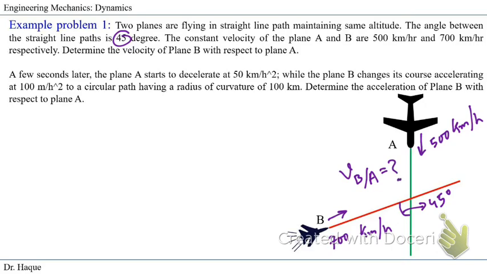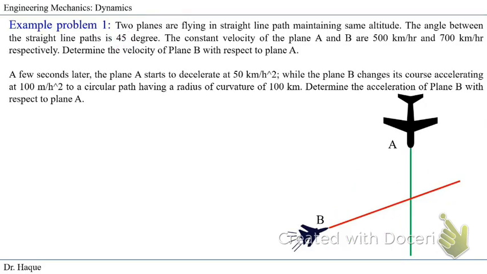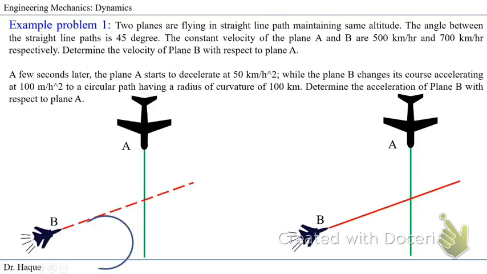On the second part, it says if the plane starts to decelerate. If plane A starts to decelerate, so opposite of acceleration, in that direction at 50 kilometers per hour squared, while plane B is changing its course.